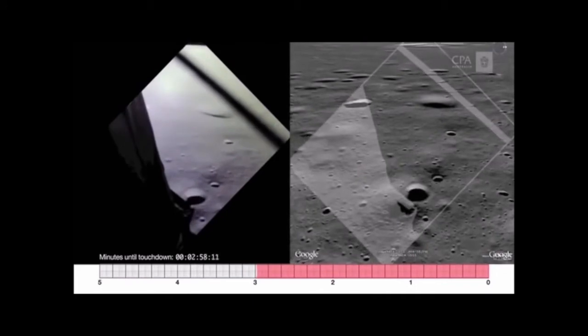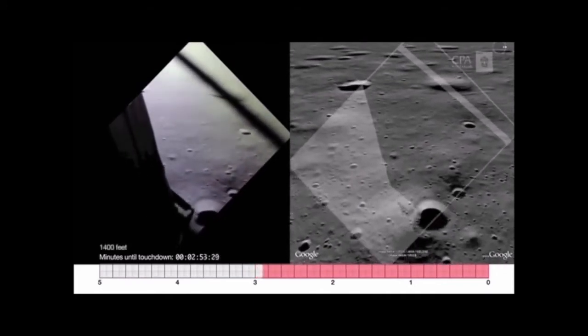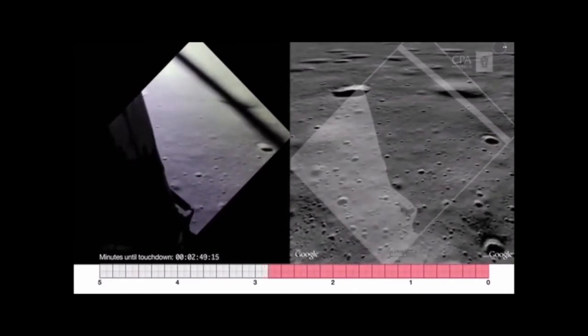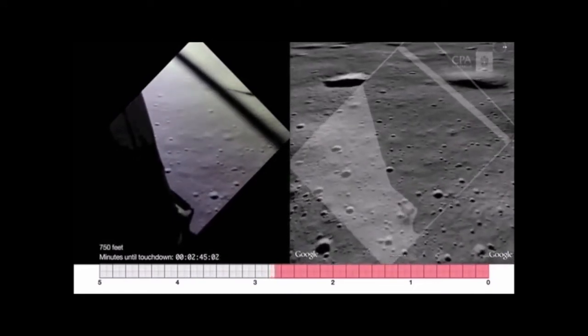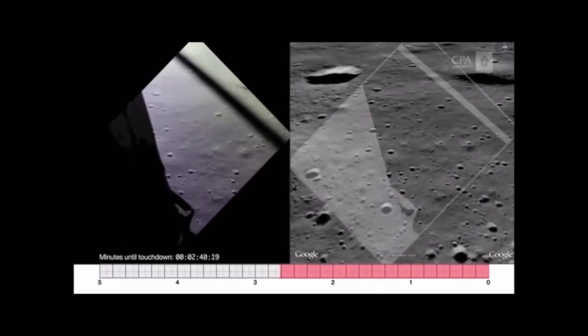Okay, we've been descending. I should tell you, you'll hear the crewmen talking. You'll hear my co-pilot giving altitude and descent rates, and you'll hear people in the background talking from mission control on Earth. We've been descending about 2,000 meters a minute.